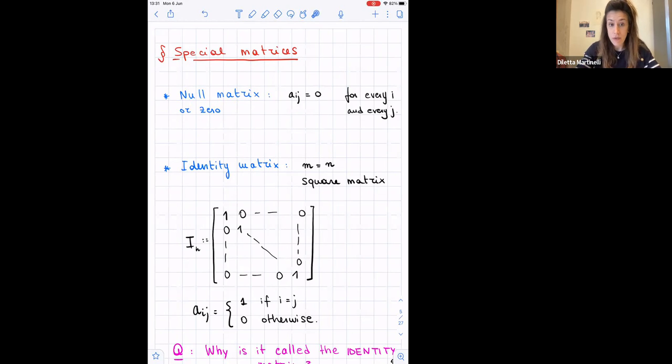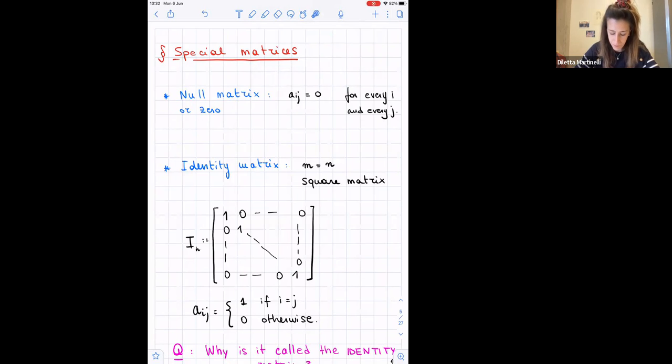After the zero matrix, the second probably easiest possible matrix is what's called the identity matrix. The identity matrix is a square matrix. We say that a matrix is square when the number of columns is equal to the number of rows, so the size is n times n.